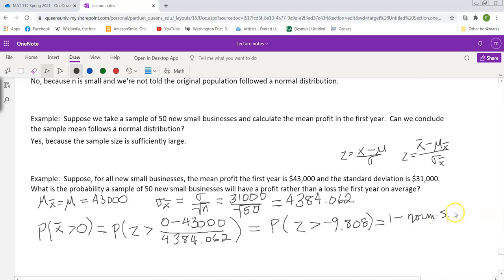And this is going to be 1 minus NORM.S.DIST, parentheses, negative 9.808, true.